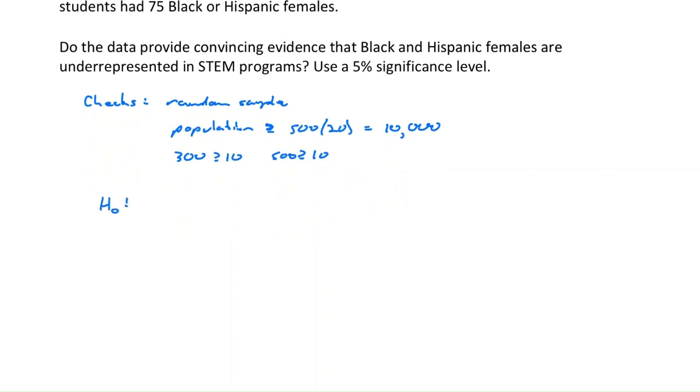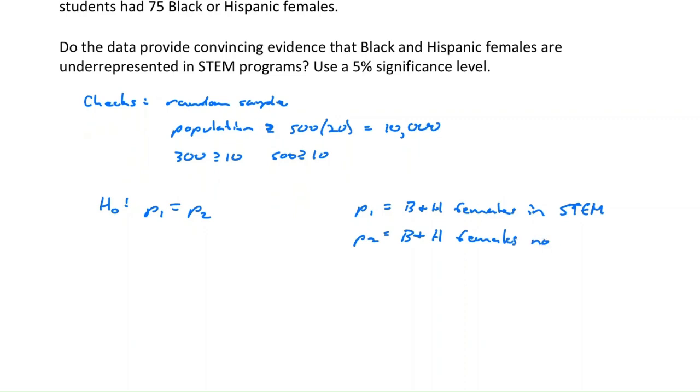Our first hypothesis, our null hypothesis, is that there is no difference, that P1 is equal to P2. And again, like with means, we want to make sure that we define these proportions. I'm going to define P1 as Black and Hispanic females in STEM programs. And we're going to define P2 as Black and Hispanic females not in STEM programs.